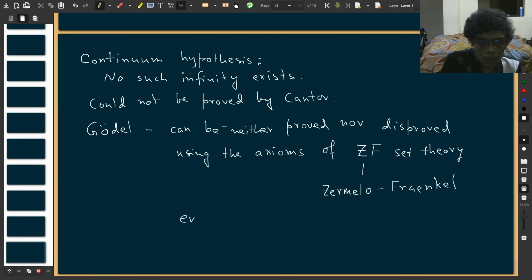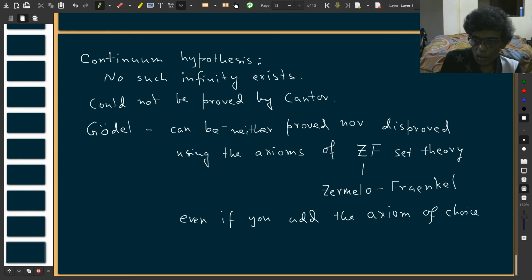So, even if you add the extra axiom, the axiom of choice. So this follows from Gödel's incompleteness theorem, and these are all very deep results. So under the Zermelo-Fraenkel set theory, even if we add axiom of choice or any equivalent form of it, you can neither prove nor disprove the continuum hypothesis.